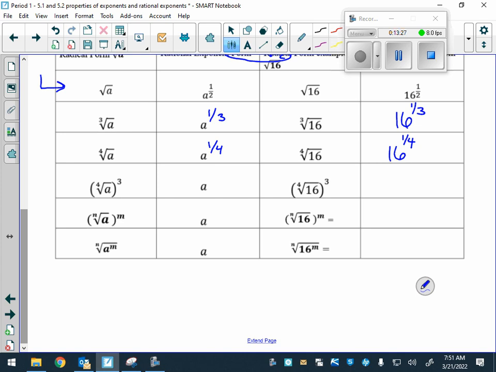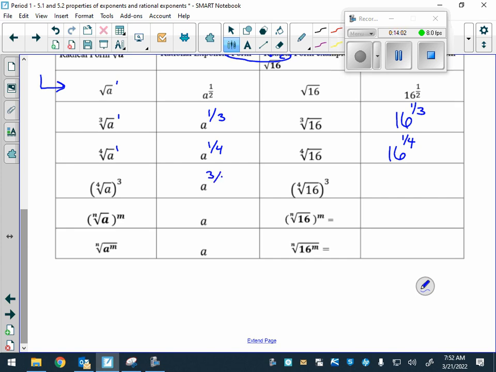Okay. So, when you have 1, 2, and 3, they all have an exponent of 1. However, in this 4th example, we now have an exponent of what? 3. So, any ideas of how I would write that? A to what power? Excellent.